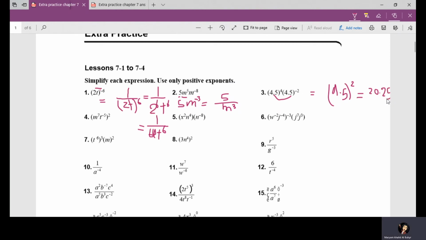If you want to write this one as a fraction, because some of you prefer having this as a fraction, it's 81 over 4.